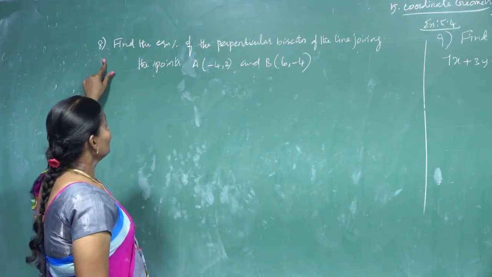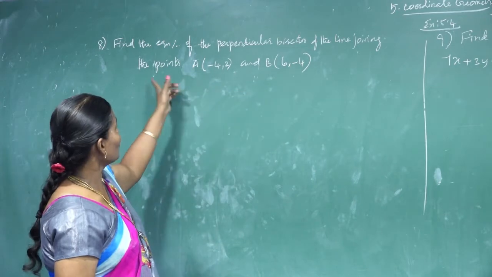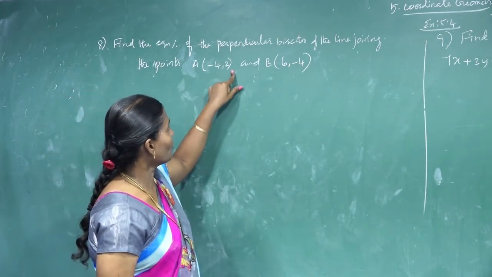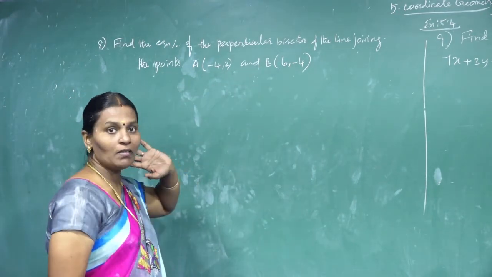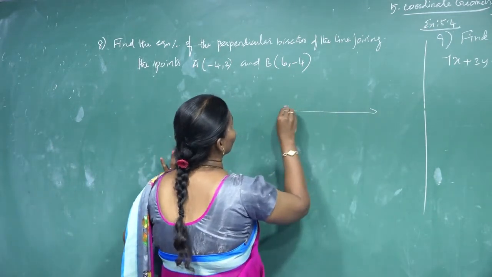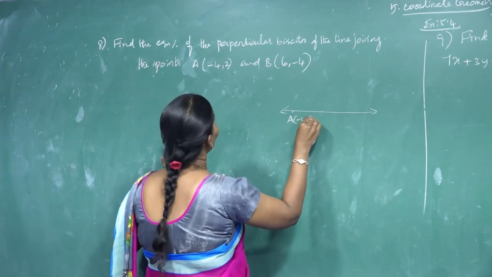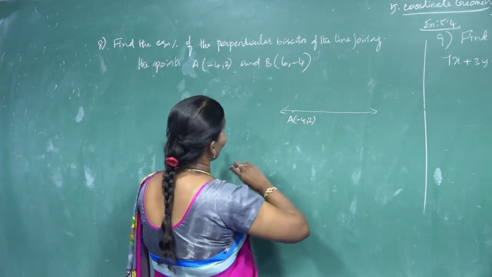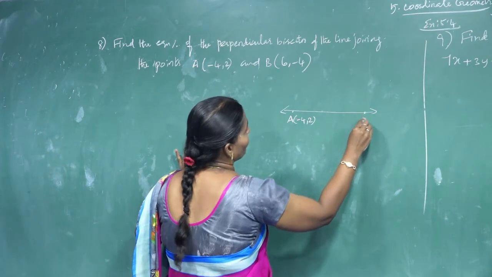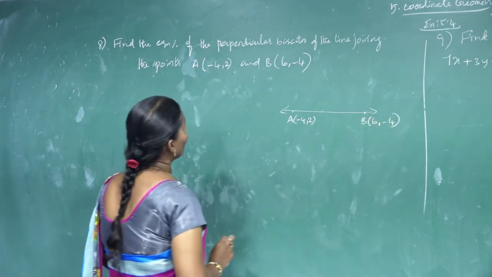Let me see, children. The 8th sum. Find the equation of the perpendicular bisector of the line joining the points A of (-4, 2) and B of (6, -4). See the line. Here the 2 points are A of (-4, 2) and B of (6, -4).